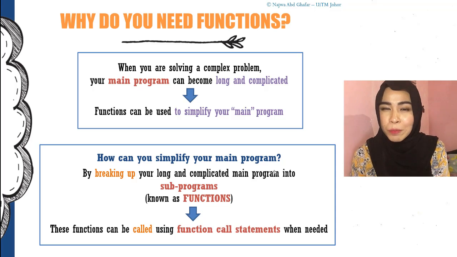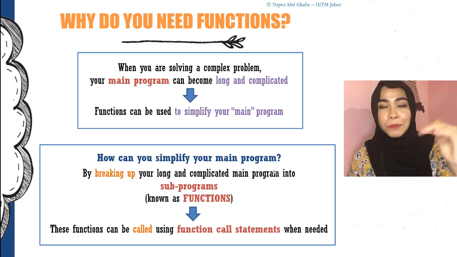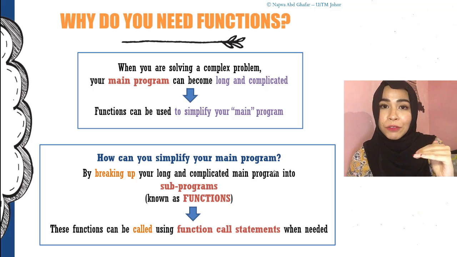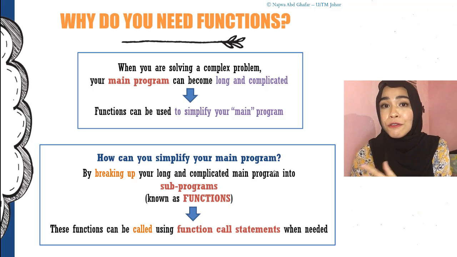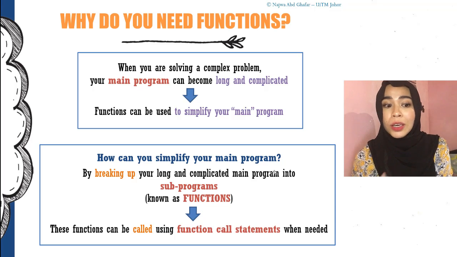What is your main program? It is the int main. Whenever we write a program, we have our main function. Whatever you write inside that is what will be executed. So we can simplify our main function by creating other functions, so that whenever we need a function to do something, we can just call it.